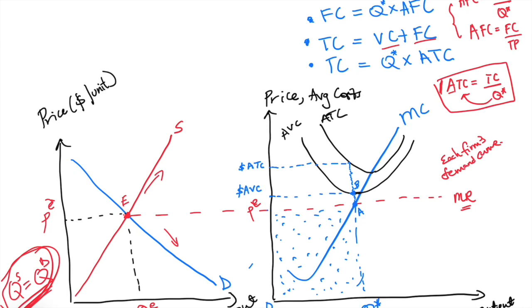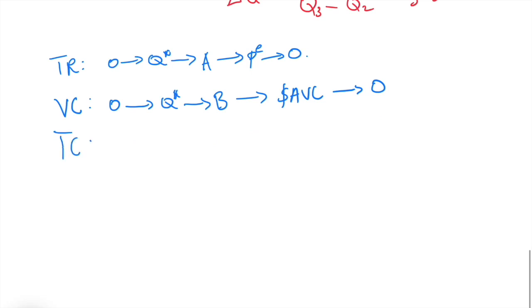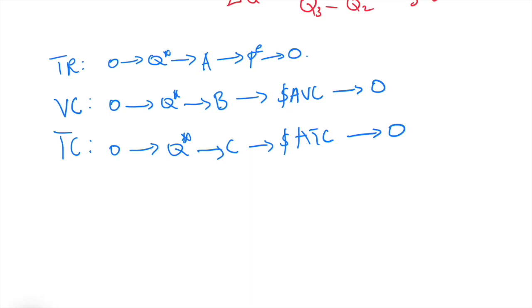What about total cost? Total cost goes from 0 to Q star to that intersection with ATC curve. Let's call that C. So 0 to Q star to C to dollar value ATC down to 0. So that will be our total cost, and then back to 0.